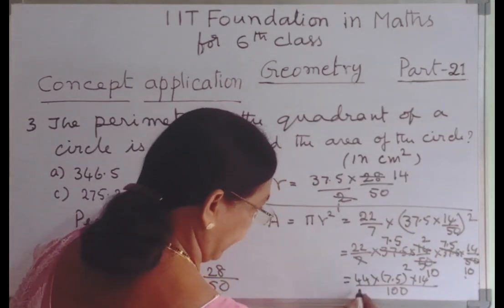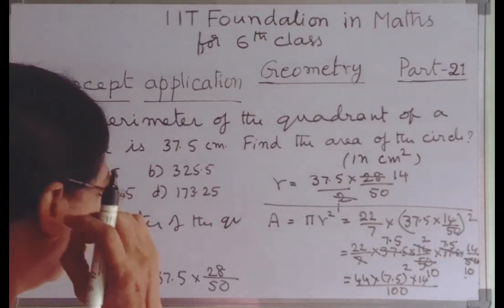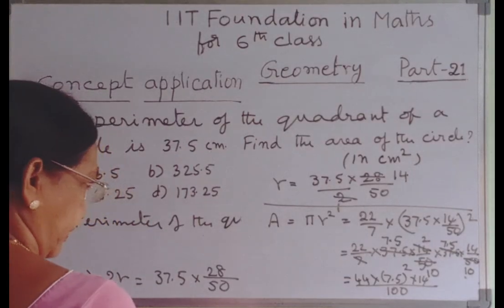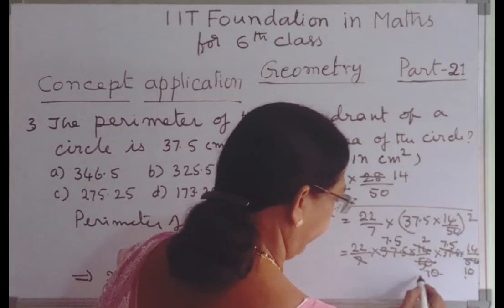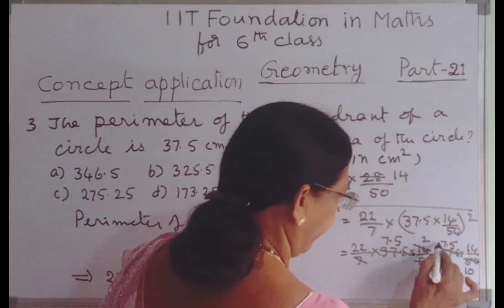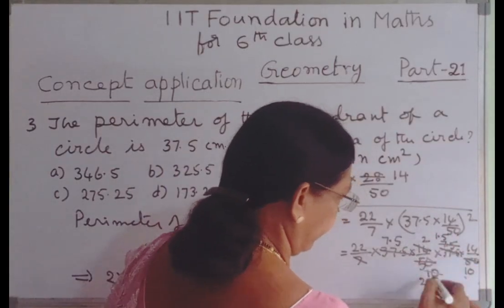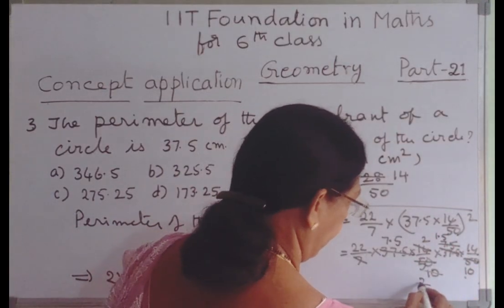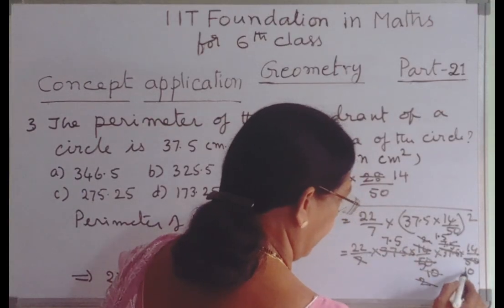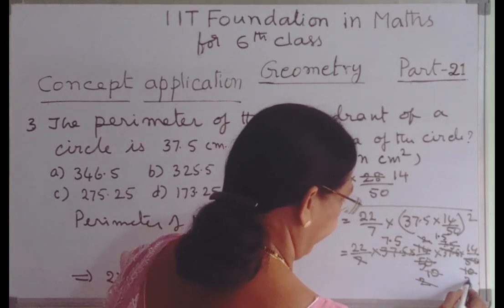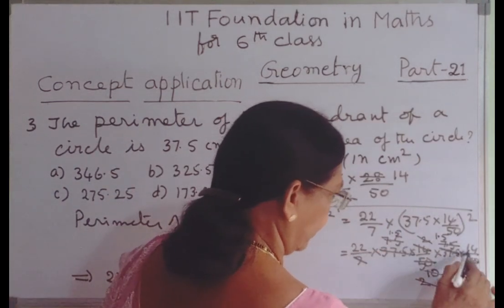75 whole square, that is equal to 5 2s, 5 15s, 75. Therefore 2 gets cancelled, and here 5 twos, 5 1.5s, 2 sevens.